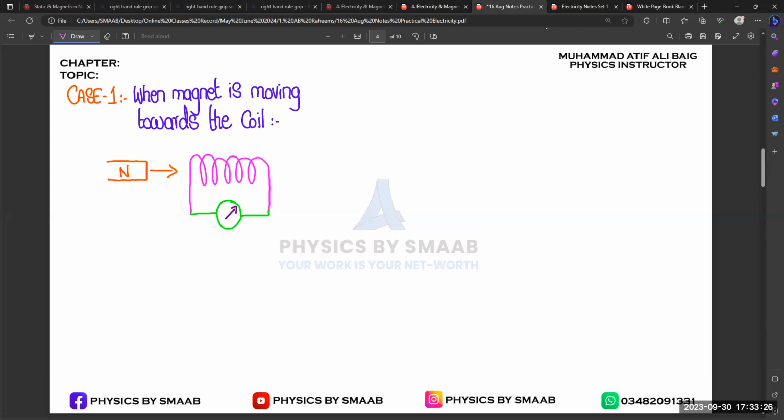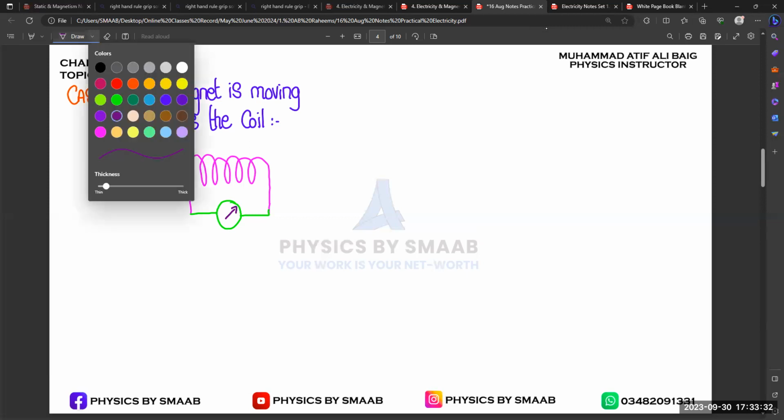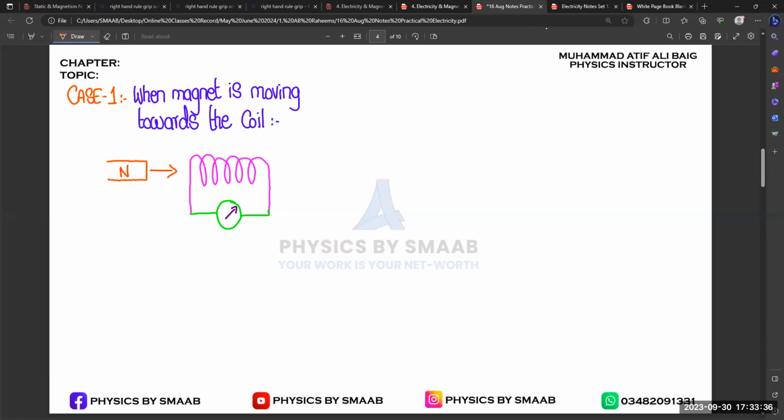And you know that when the magnet is moving close to the coil, the pole that we are going to get over here is known as the south pole, because your magnet is moving towards the coil, and when the magnet passes through the coil, there will definitely also be a magnetic field.